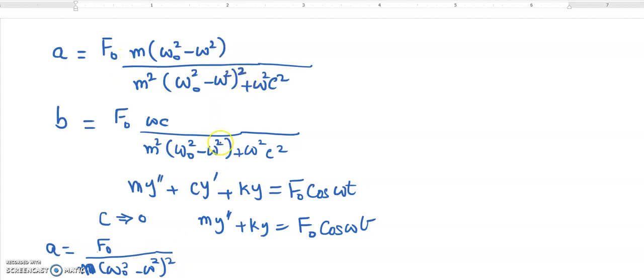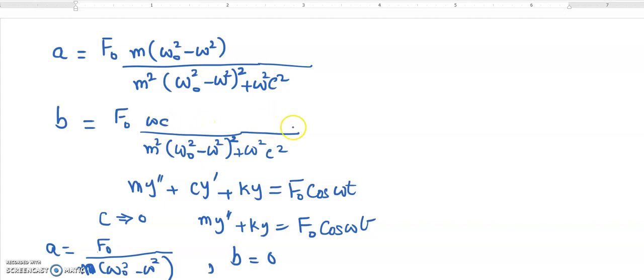Some correction: this was omega squared, and then this is omega squared. Here just a power of 1 will be there, and in that case b will simply become 0, because c was 0 in the numerator.